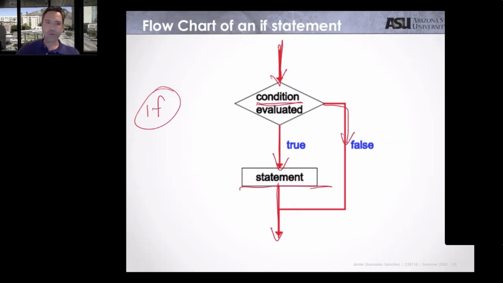Maybe a statement is going to be run. Condition false, we're going to ignore that statement. Two paths. That is usually the graphical representation for the if. Two options, true or false. The instruction runs or does not run. And obviously that is going to change the result of your full program. Like in the previous example, what do you print? The 0 or the 25? Just because the condition changed.